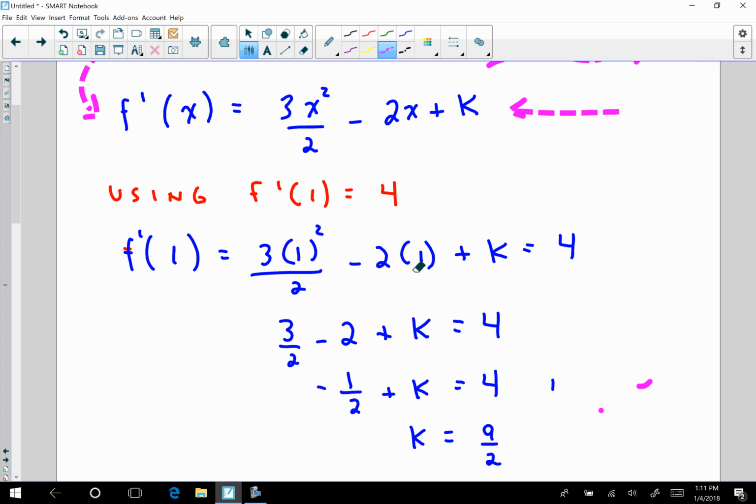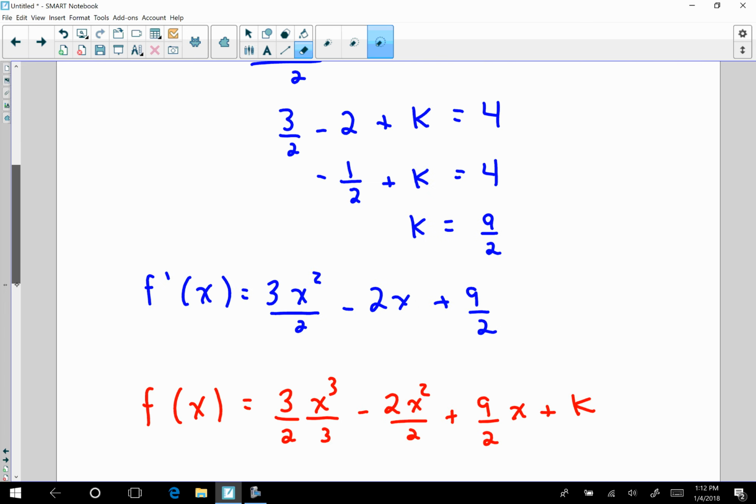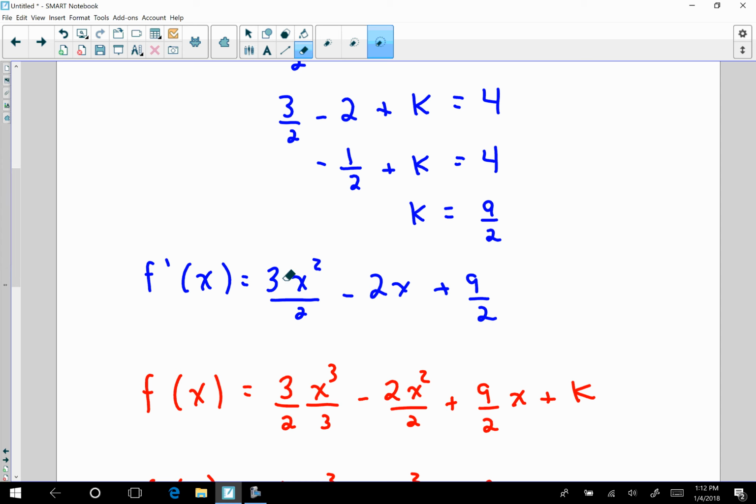I have 3 halves minus 2 plus k is 4. 3 halves minus 2 is negative 1 half plus k is 4. Add the 1 half to both sides. That tells me that k is equal to 9 halves. This tells me that f prime is equal to 3x squared over 2 minus 2x plus 9 halves.